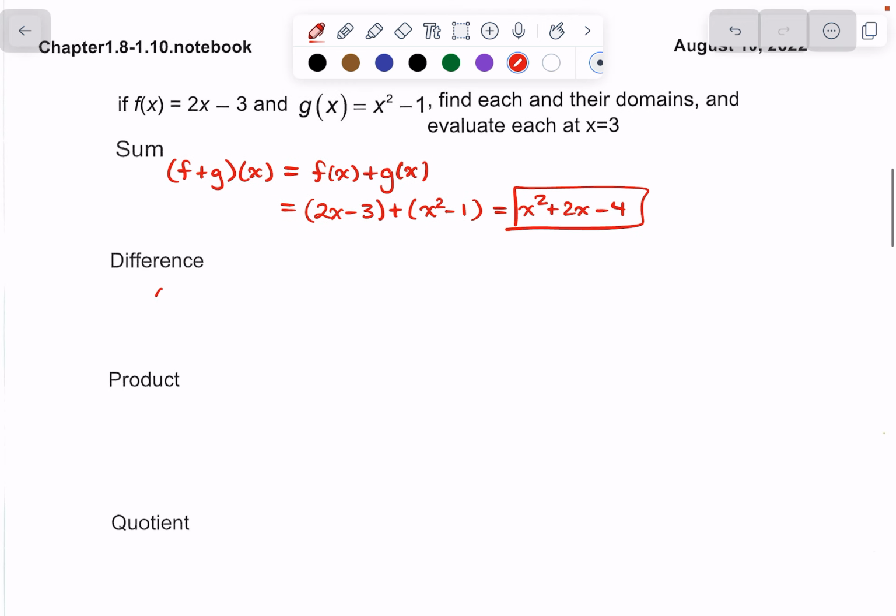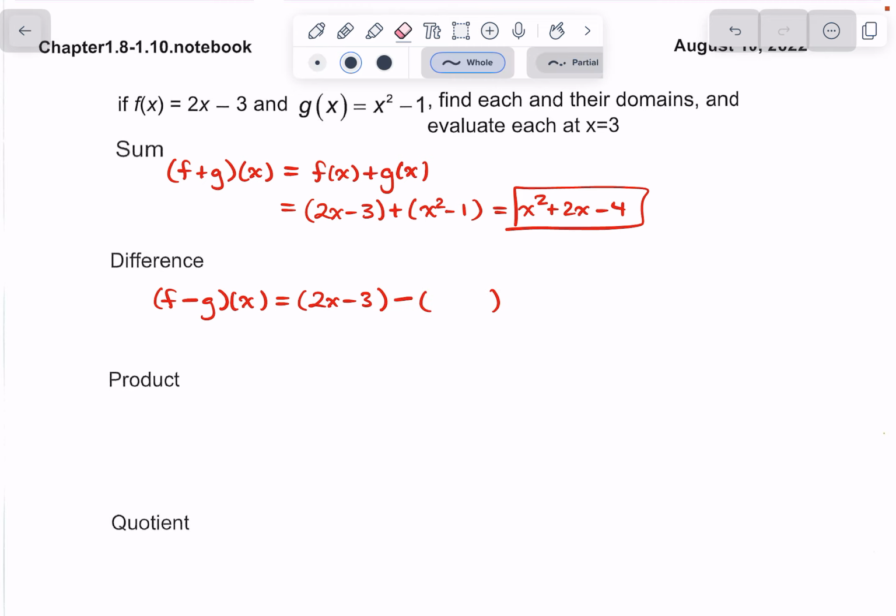We can also take the difference, which is written as f minus g. Again, I'm going to skip writing this out. It would be 2x minus 3 in parentheses, minus another set of parentheses with g of x in them. The parentheses are so important here, guys.